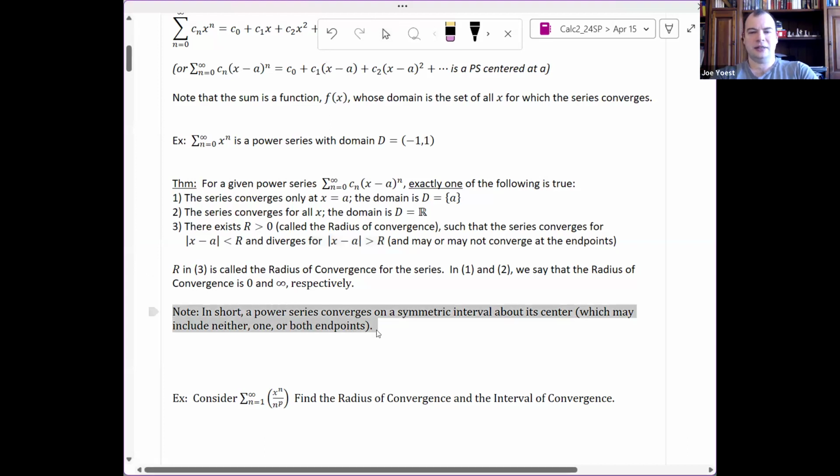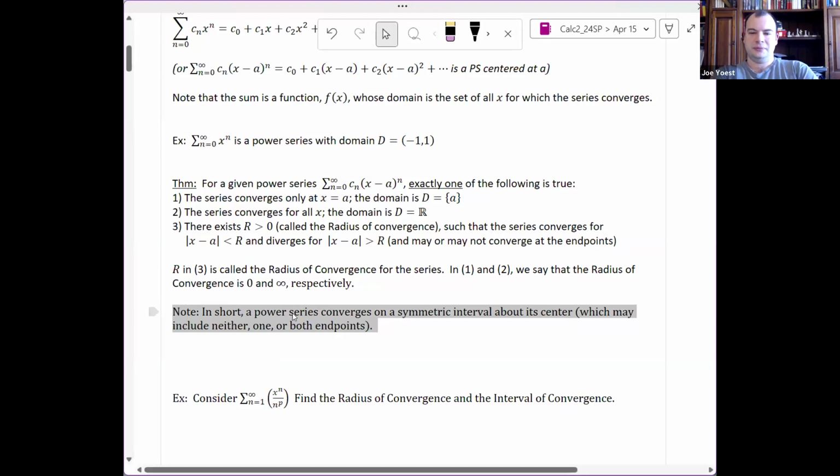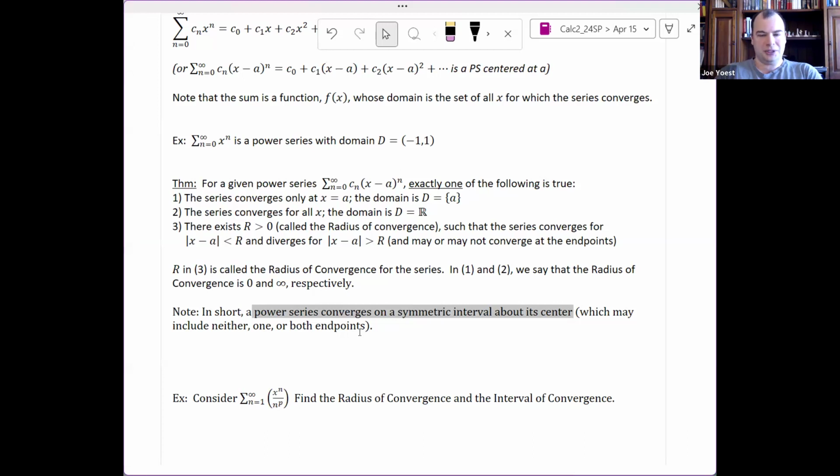At first glance, it might seem like we didn't really say anything. It might seem like we said the series can converge at one point, the whole real line, or kind of anywhere on the real line. But note that we actually did say something really strong here. We said that a power series converges on a symmetric interval about its center. That interval might be of width 0, being just the center. It might be of radius infinity, being the whole real line, or it might be some non-zero, non-infinite symmetric interval.